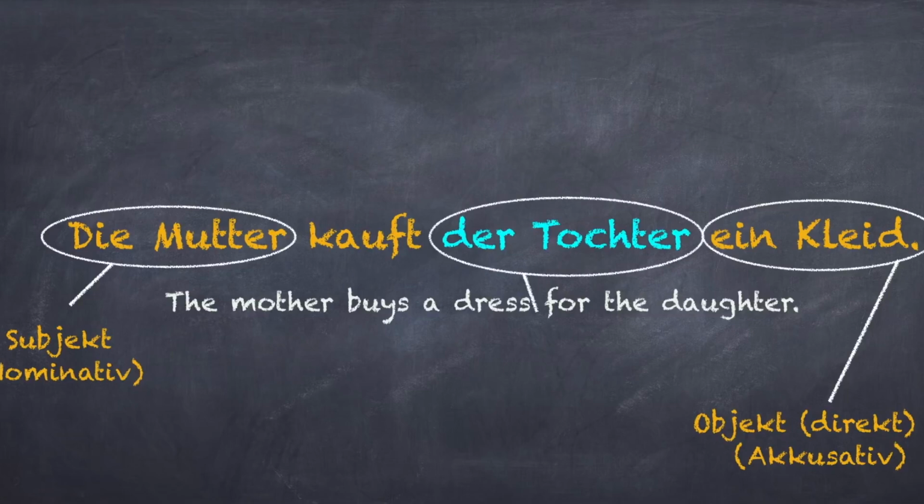The second object is der Tochter, which is the indirect object and the dative object. In sentences with more than two objects, the indirect object, which is usually a person, is the object for which an action is intended. In this sentence, the mother buys a dress. This is the action, and she buys the dress for the daughter. Hence, the daughter is the indirect object.